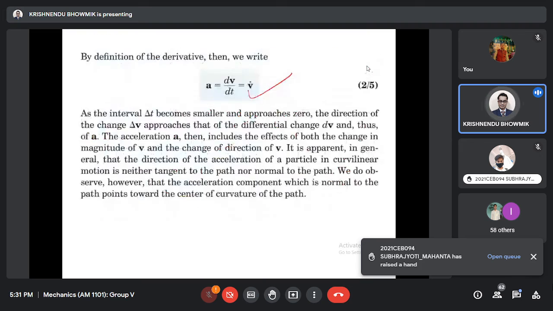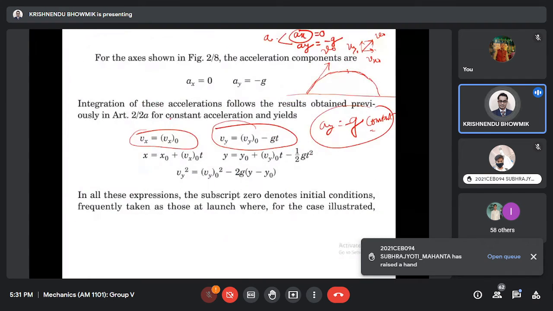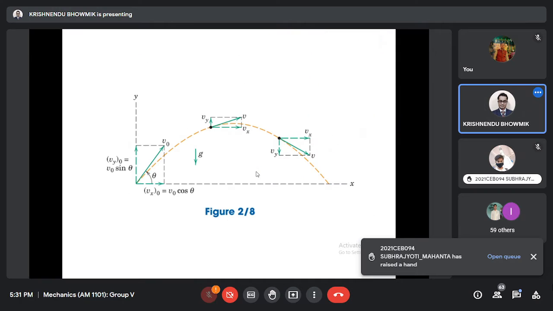Then the distance traveled along the x direction will be x0 plus vx0 t, and along y it will be y0 plus vy0 t minus half g t square, or vy square equal to this relationship, which you know.